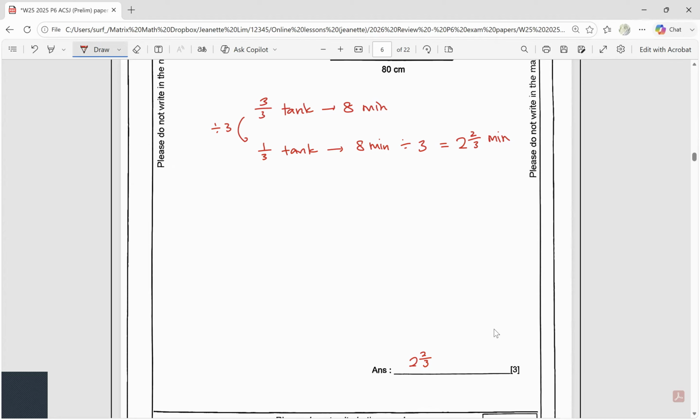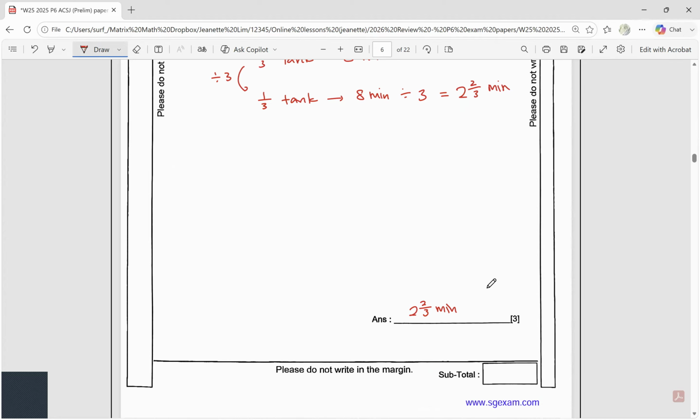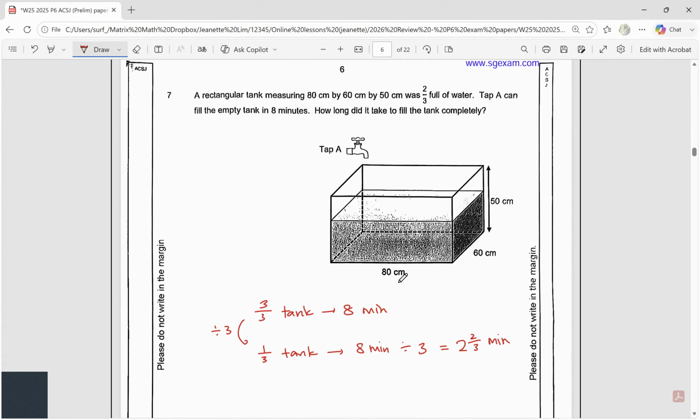It's not specified if they want it in just minutes or minutes and seconds. So if you want to convert it to minutes and seconds, you should get 2 minutes and 40 seconds. Okay, so actually the information given, the dimensions, not really needed, because you're only finding a fraction of 8 minutes. You're just finding a time taken. No need to find the volume.